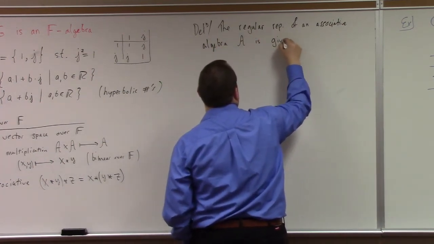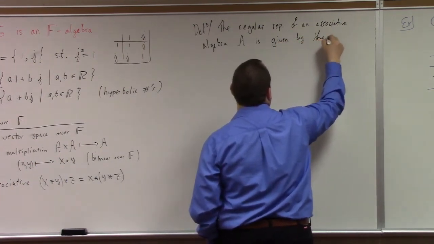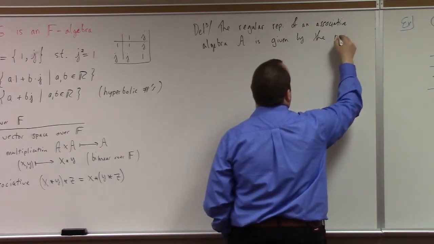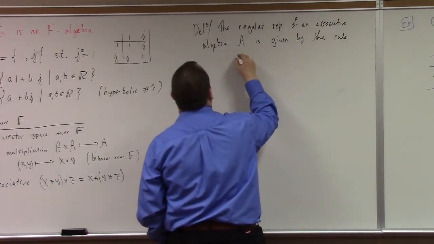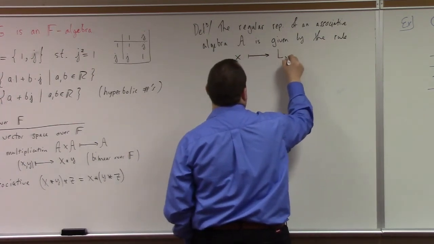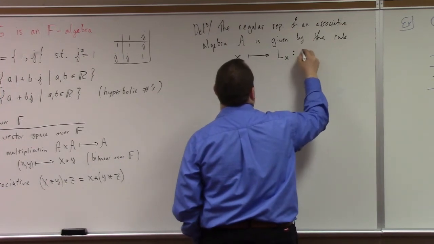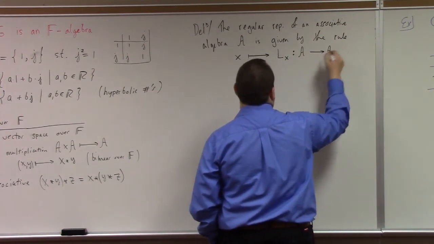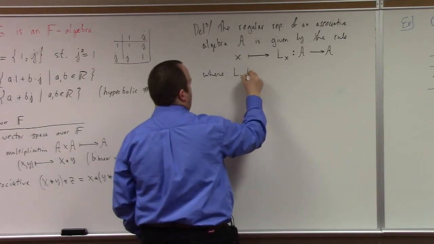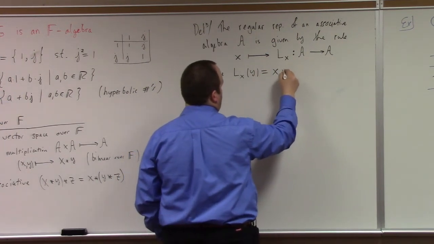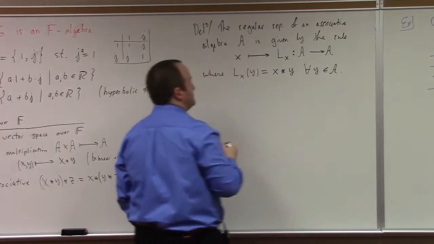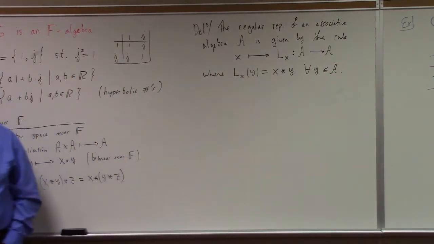It is given by the map, well, let's say the rule x maps to L sub x. So here L sub x is a mapping from A to A again, all right, where L sub x of y is simply equal to x star y for all y in A. That gives me a rule.